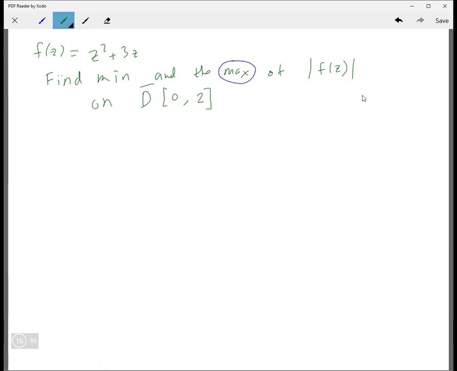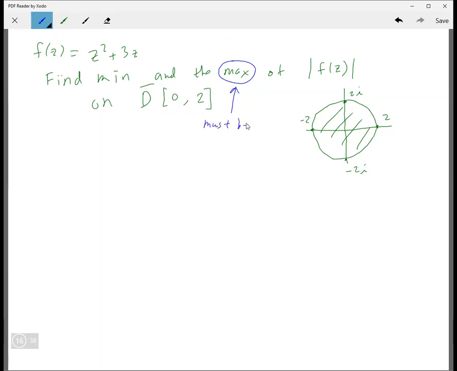Okay, so this disk is, you come out to 2, 2i, negative 2, and down to negative 2i, and you're also including the inside. Okay, so what it's saying is that the maximum has to be on the boundary, because this is holomorphic everywhere. This is an entire function. So it has to be on the circle, which is the boundary.